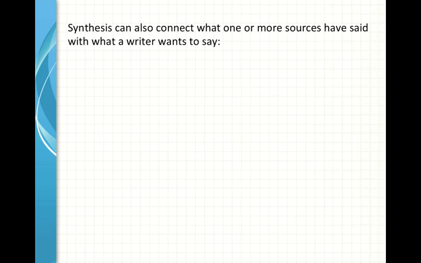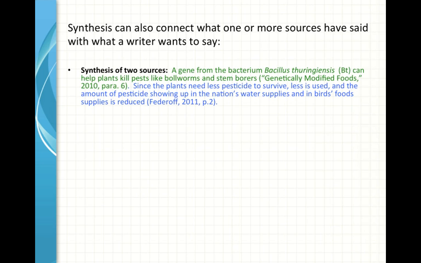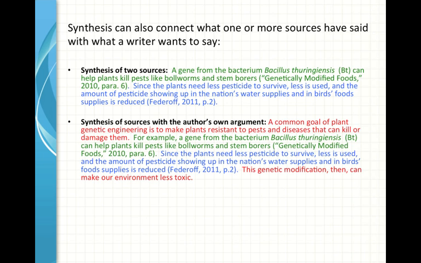Synthesis can also connect what one or more sources have said with what a writer wants to say. So here's my synthesis of my two sources, which we just read. Here's the way I've used it with my own argument. A common goal of plant engineering, genetic engineering, is to make plants resistant to pests and diseases that can kill or damage them. For example, a gene from the bacterium Bacillus thuringiensis, BT, can help plants kill pests like bollworms and stem borers.